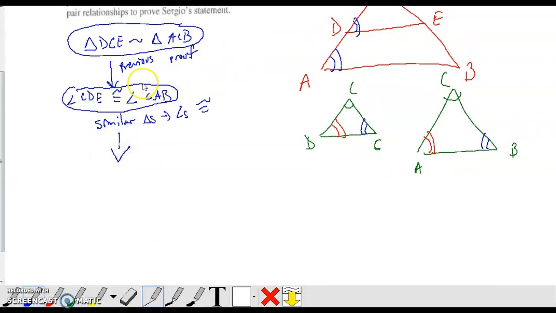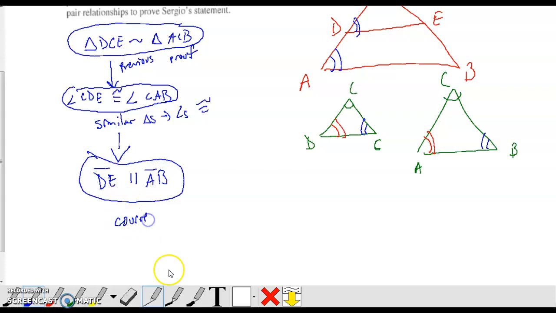So I only have to prove one angle. I don't need to write the other angles. So now I get to say that DE is parallel to AB. Bam. And they are corresponding angles.